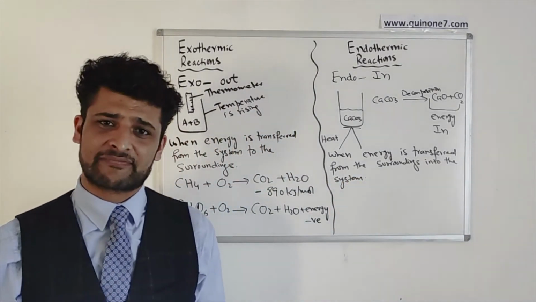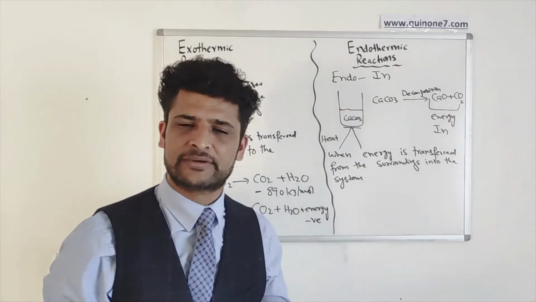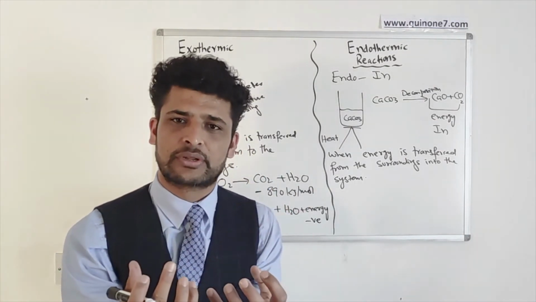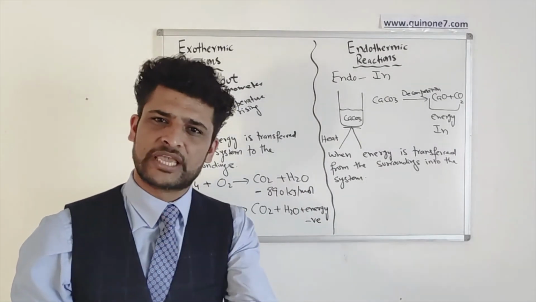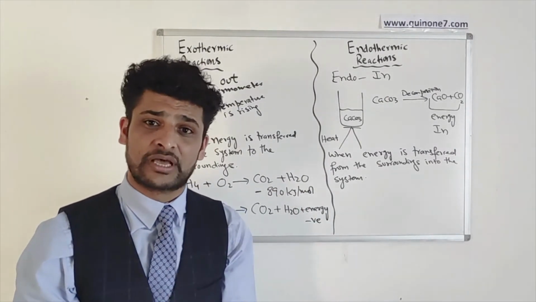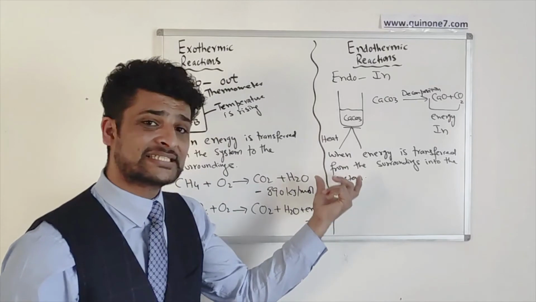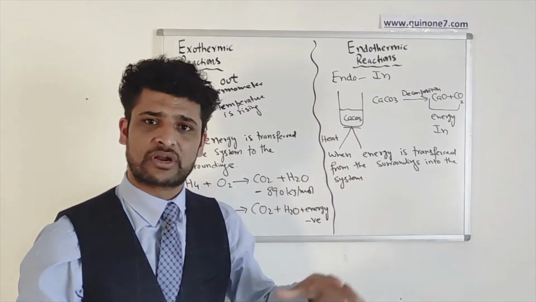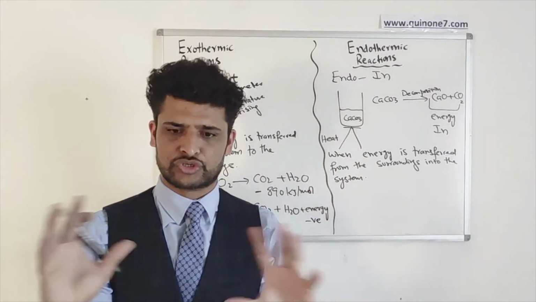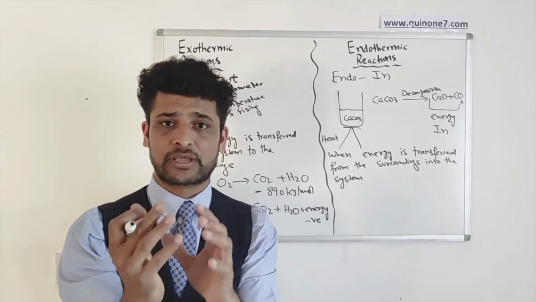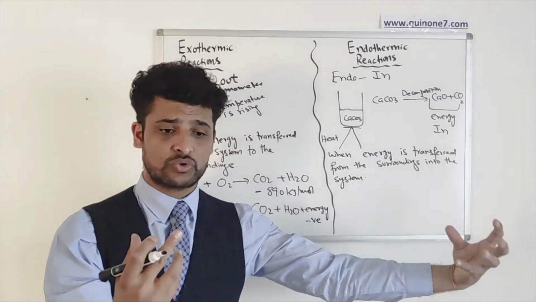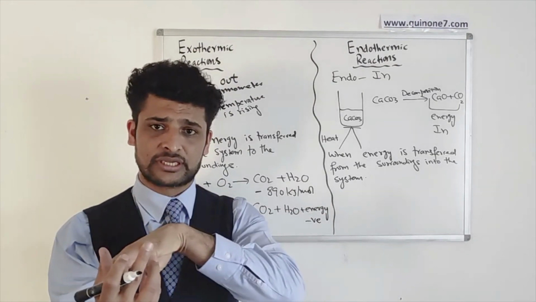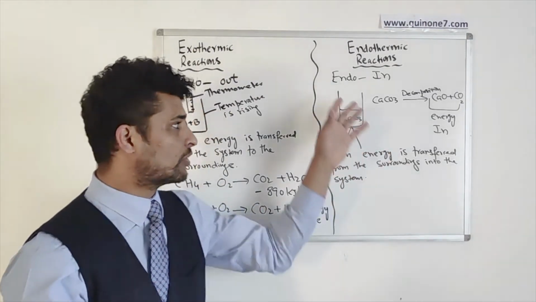Please do learn this language, the tier 2 and tier 3 words, and how you structure your sentence using these words. Don't just say energy goes in. The examiner is looking for the specific words: the energy is transferred from the surroundings. Surroundings means around the system. As I explained before, your system can be a beaker or a test tube. So if the energy is going from outside into your system, that is called an endothermic reaction.